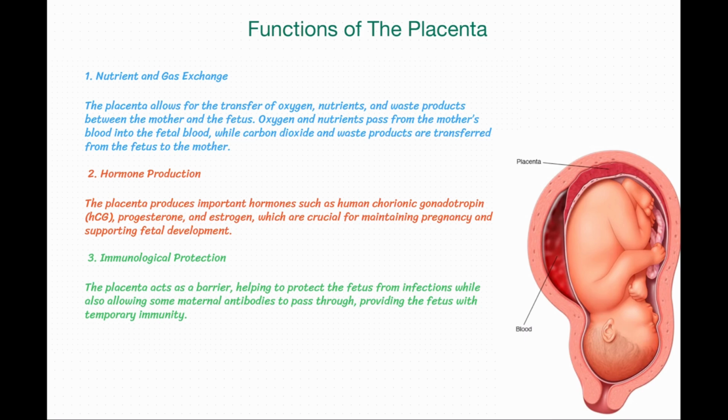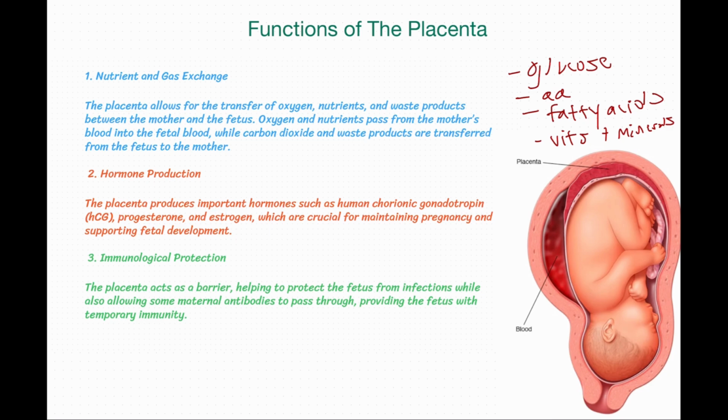You have glucose, amino acids (AAs), fatty acids, and then vitamins and minerals. All of this is done through active and passive mechanisms, the passive and active transports, through the placenta's membrane.